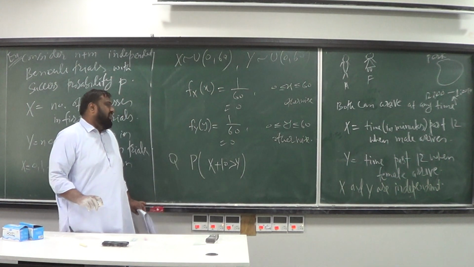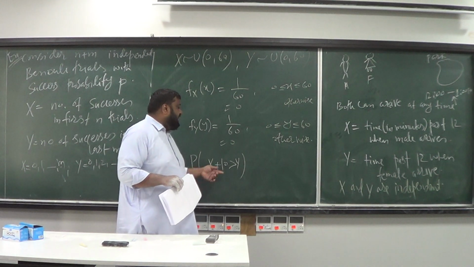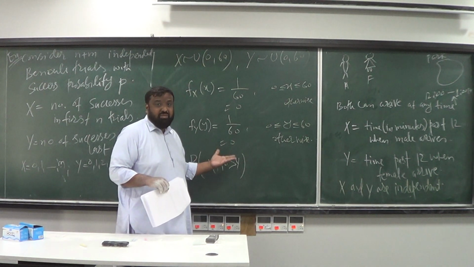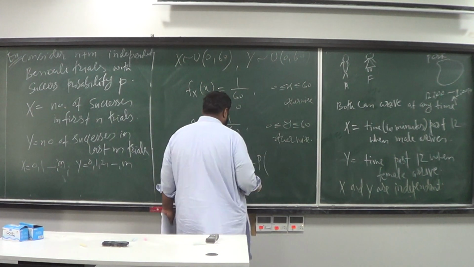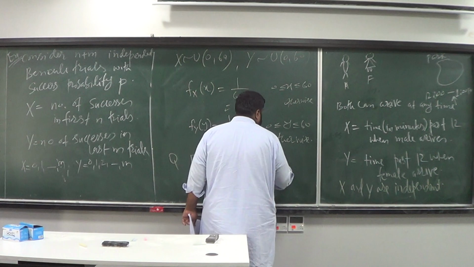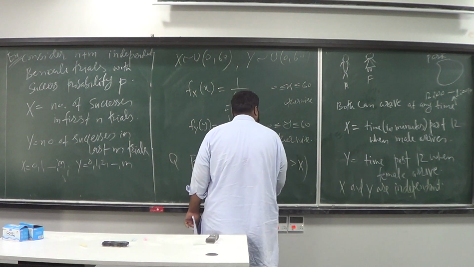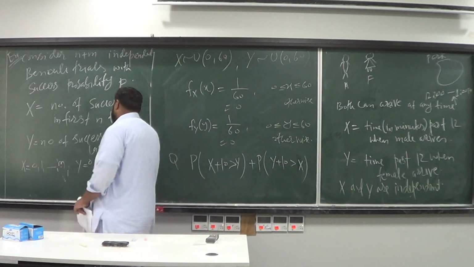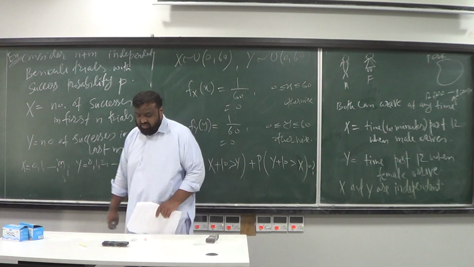Or maybe the arrival time of x is more than 10 minutes after the arrival time of y. Or what could be the other situation? That y plus 10 is bigger than x. So this is what we need to compute. So let's compute it.